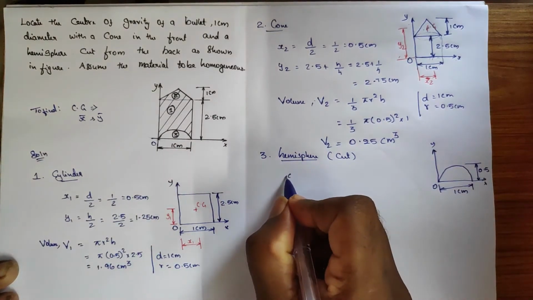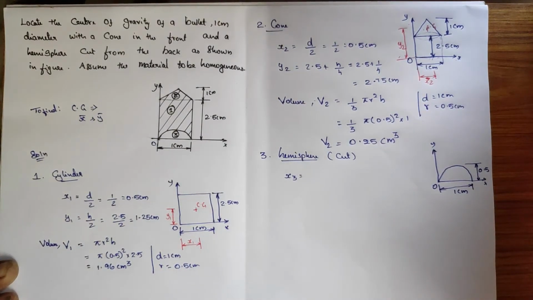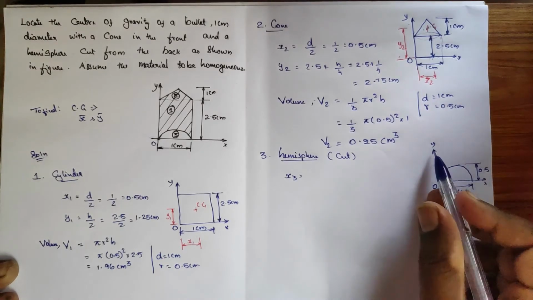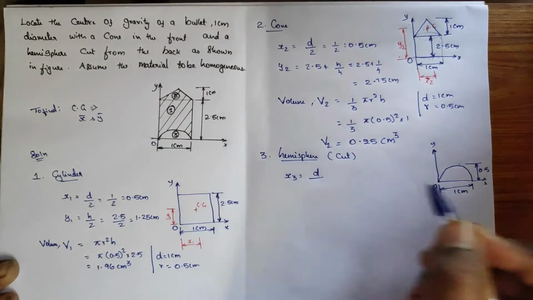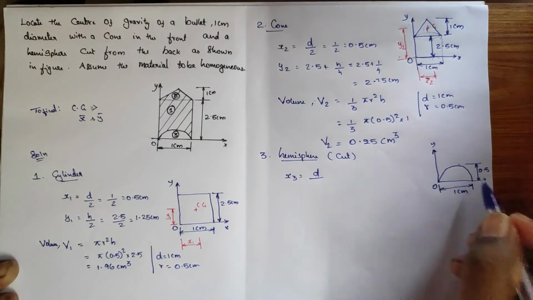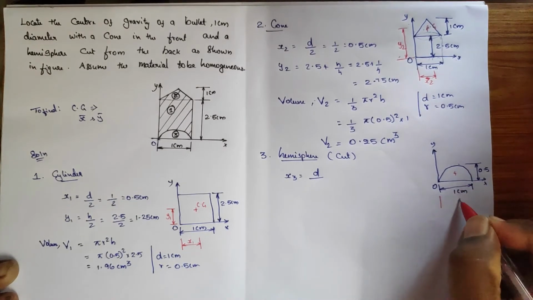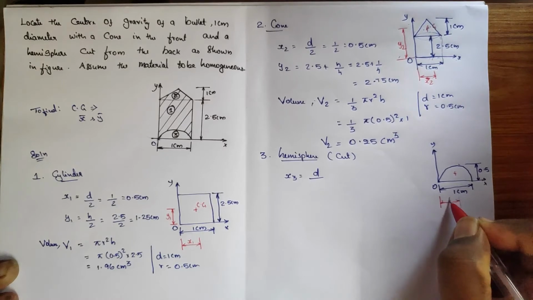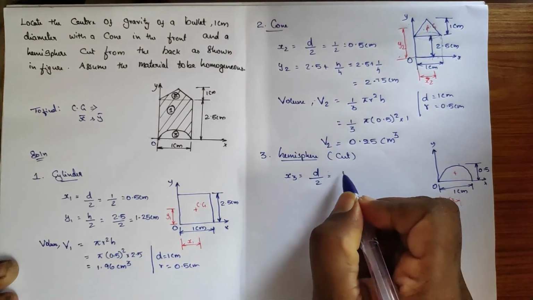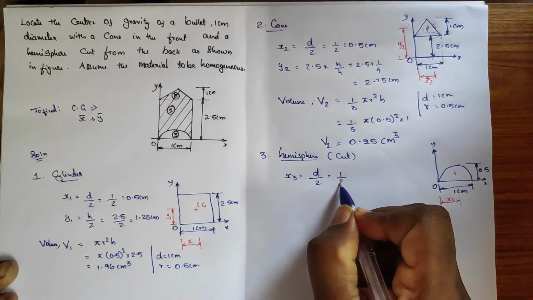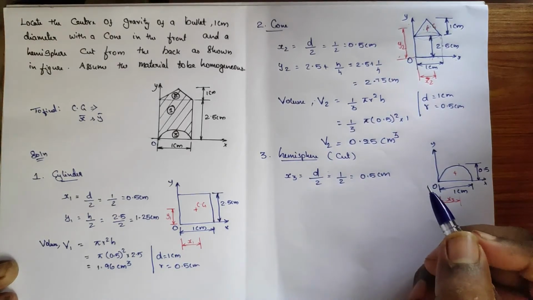Okay, so for x3 directly put the self-centroid formula, since it is starting from OX and OY. No issue, directly put the self-centroid formula here. And in the x direction, the full length is the diameter, so d divided by 2. Here diameter is 1, so 1 by 2, 0.5 centimeter, right?